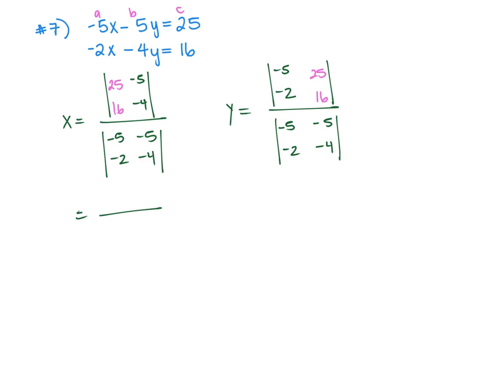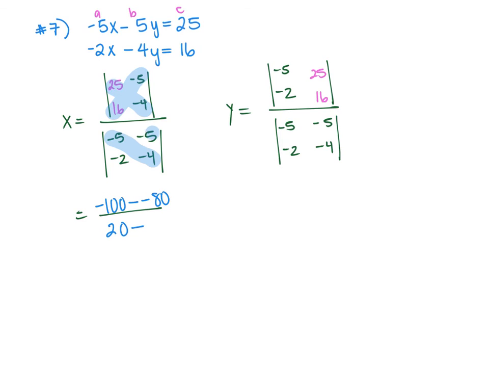So if I work out the top one here, 25 times negative 4 gives me negative 100 minus negative 5 times 16 gives me negative 80. And then the bottom, I'm going to have negative 5 times negative 4, which is negative 20. Oh, sorry, not negative 20. That would be positive 20. Negative 5 times negative 4 gives me positive 20.